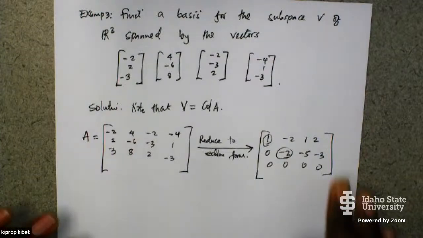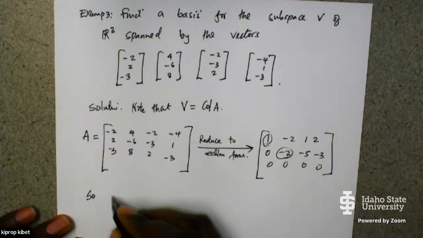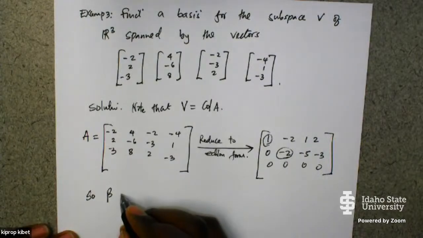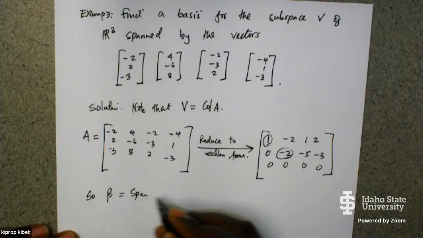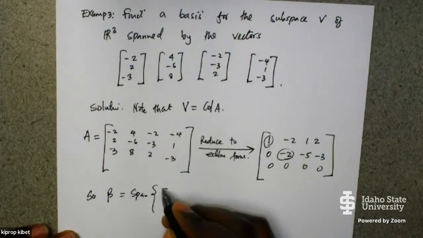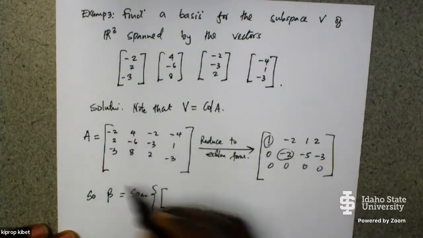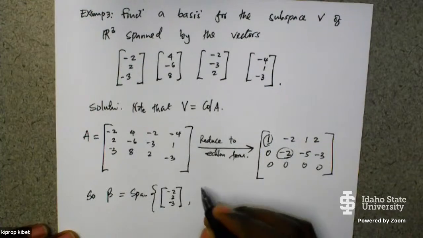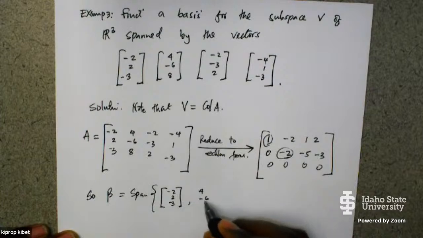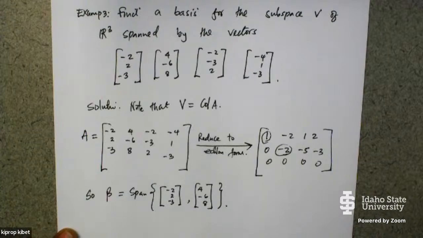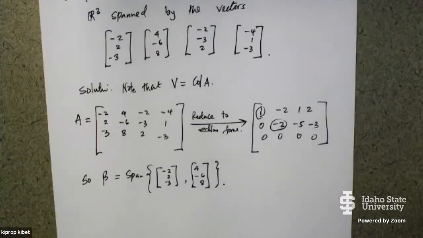So therefore, our V, which is the subspace there, is equal to the span of this vector here, (-2, 2, -3), and (4, -6, 8).